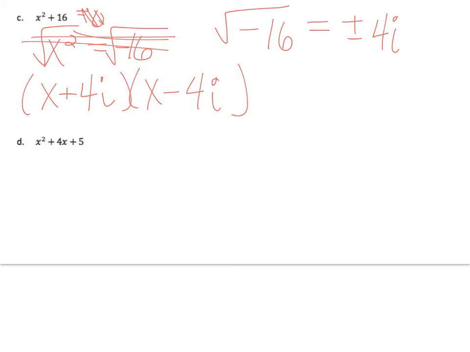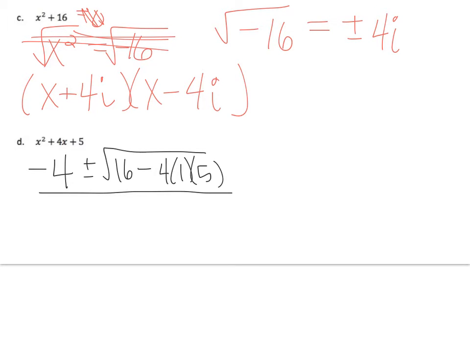Okay, this last one, 5 doesn't factor into things that I can get a positive for. If I did x plus 1 and x plus 5, I would get a 6x in the middle, so that doesn't work. So I need to go straight to the quadratic formula, and you all roll your eyes, right? Negative b plus or minus the square root of b squared minus 4 times a times c all over 2a. Negative 4 plus or minus, let's see, 16 minus 20 is negative 4, over 2.